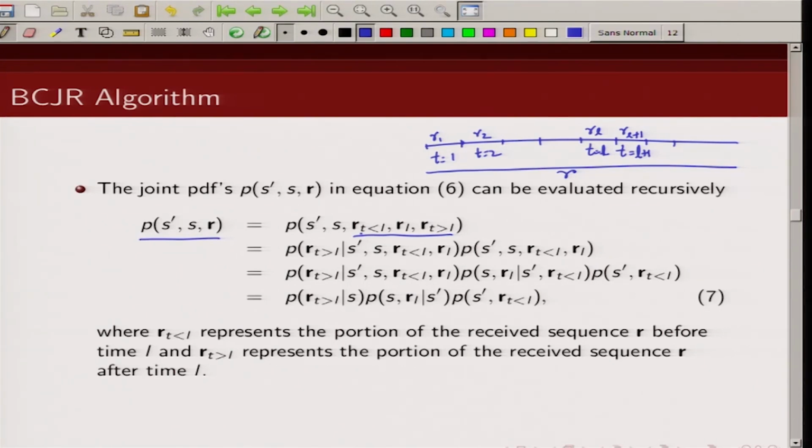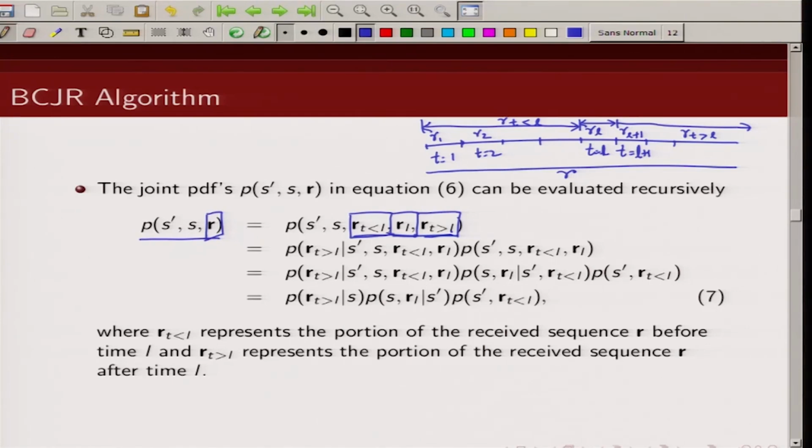One is this portion of my received sequence which corresponds to time before L, R at t less than L. Next is this section which corresponds to R at t greater than L, and then the third section is this, which corresponds to R L. So, I split this R into 3 segments: R corresponding to time less than L, R at time L, and R at time greater than L.